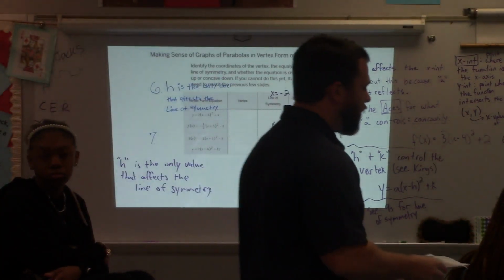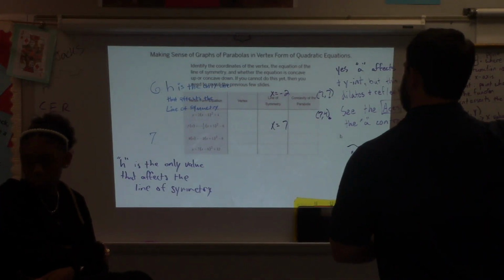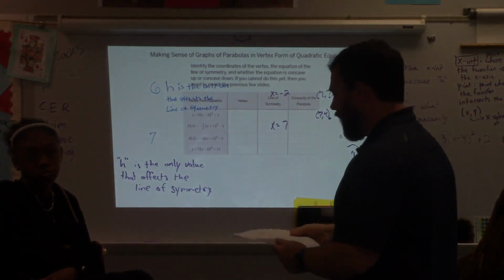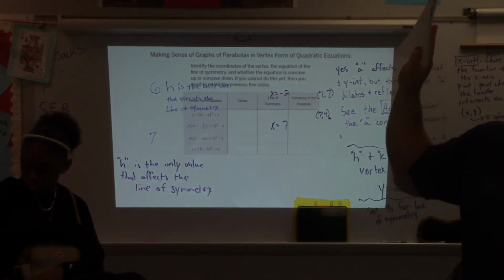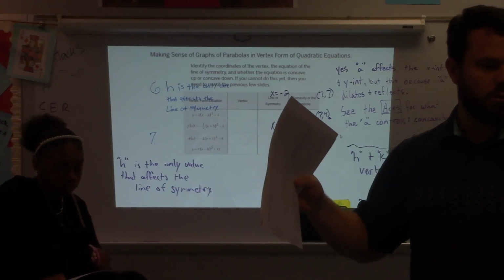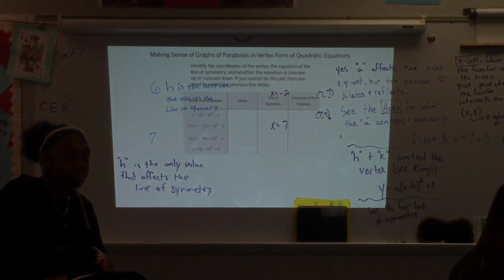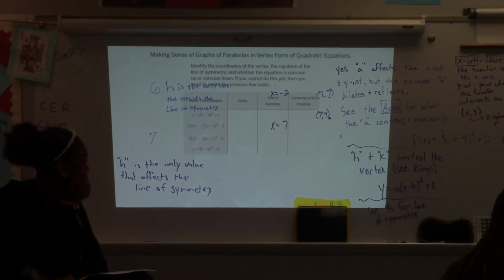So vertex form, I need you to write notes. Okay. So I need you to write notes about the vertex form of a quadratic function. I need you to write out notes about A, H, and K. Remember the A's have this information about A. H and K for the vertex, we want to look at the K's.